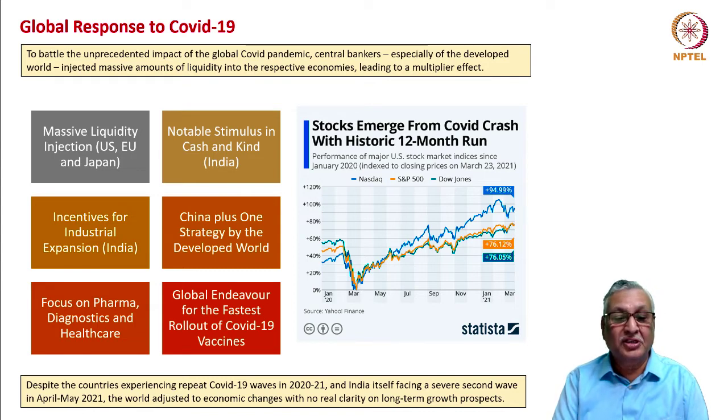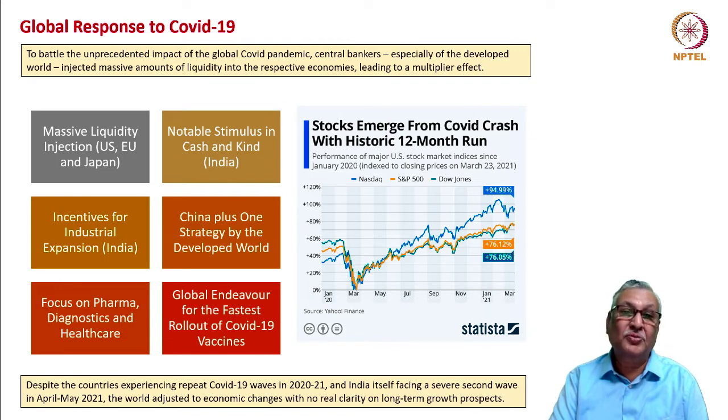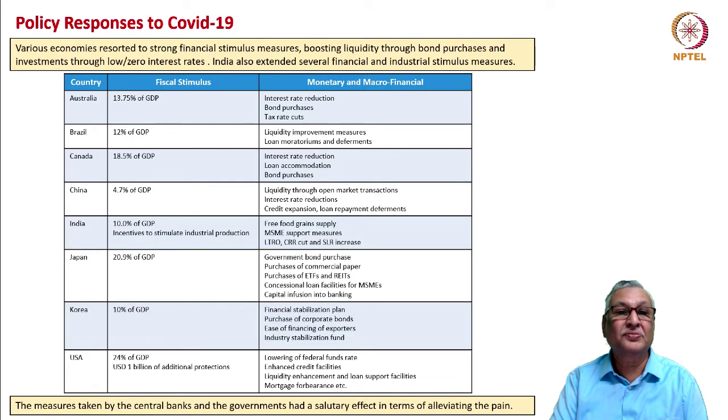Despite countries experiencing repeat COVID-19 waves in 2021 and India itself facing a severe second wave in April-May 2021, the world adjusted to the economic changes with no real clarity on long-term growth prospects. That has been the global response map to COVID-19 and the economic impact. Economic impact was moderated by the massive liquidity provided by central banks.